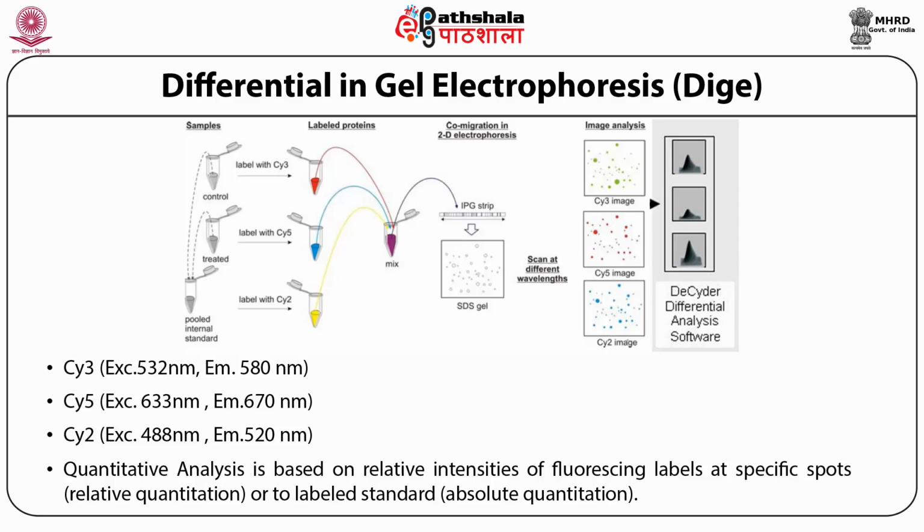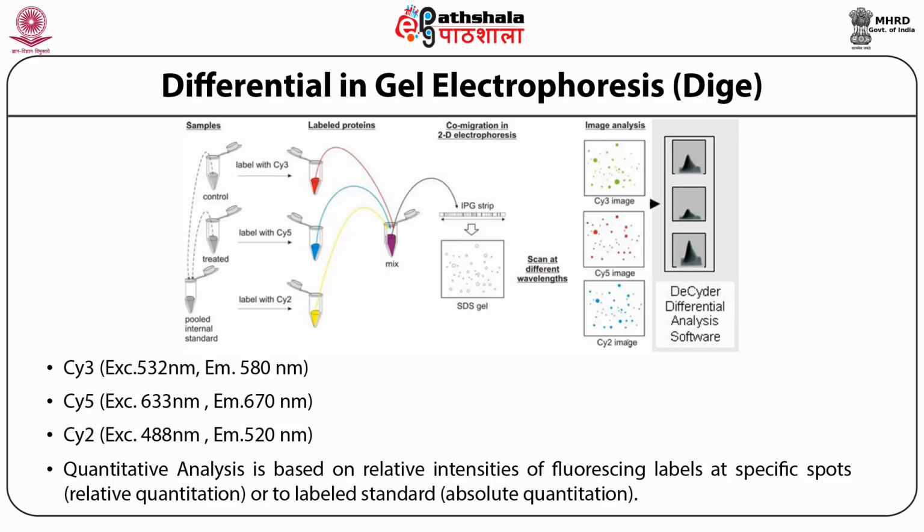After completion of 2D gel electrophoresis, images can be visualized with the help of a fluor imager, that is the Typhoon imager. This imaging process shows excitation and emission of different dyes at different wavelengths, and because of this you will find three images from a single gel.